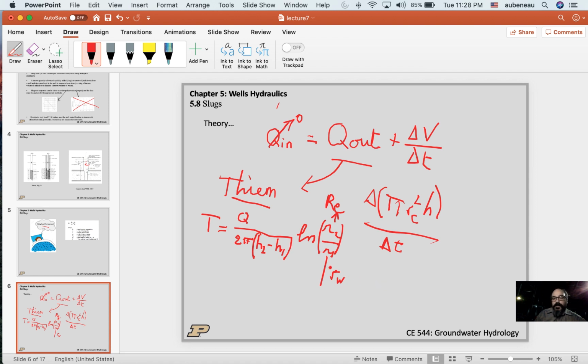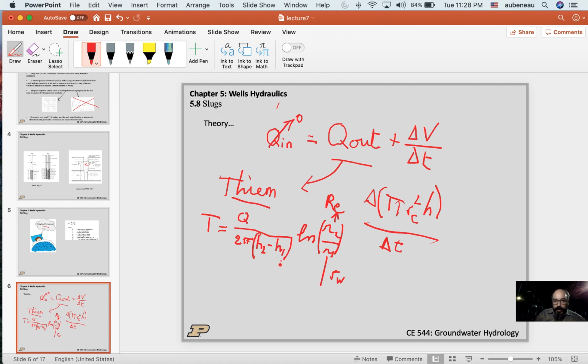Or if the screen itself is larger, this should be really the screen radius, not the casing radius, because this is where the water is flowing in, or out in this case. And that's where that boundary is. The boundary is not the casing. The boundary of the well is actually where the water comes in and out of the well. So it can be outside the screen, or it can be outside that gravel pack, whatever that skin is.